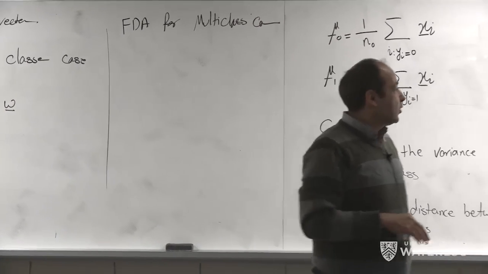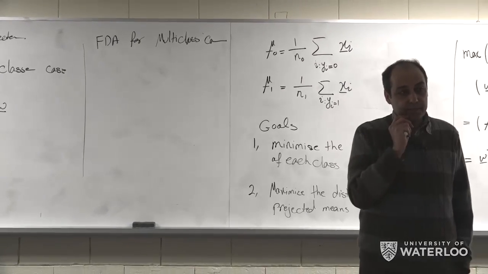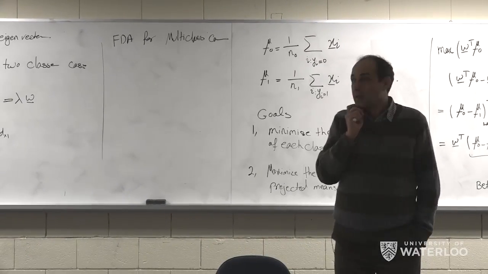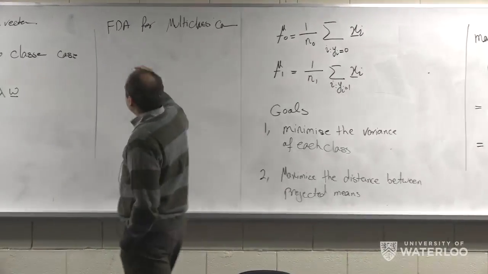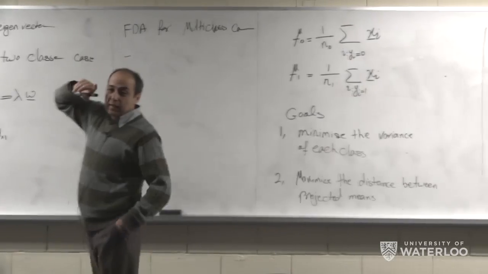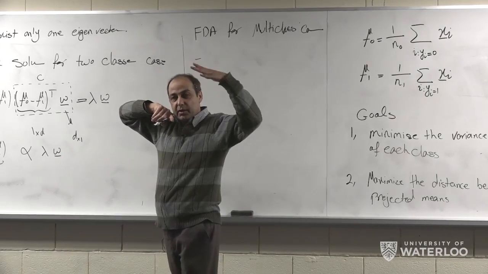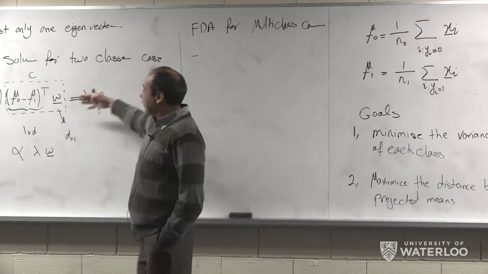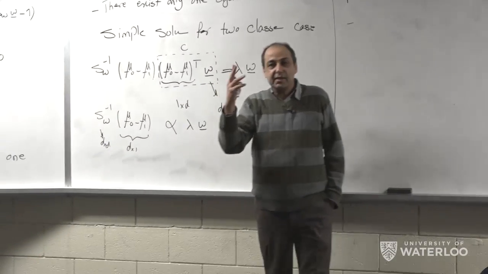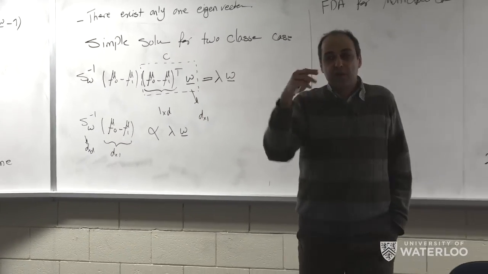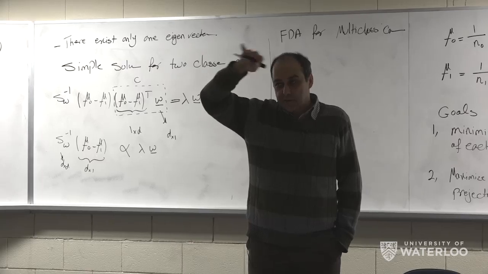So now I have more than two classes. In the two-class case, I had a projection matrix W. And we see that for two classes, there exists only one direction of separation.